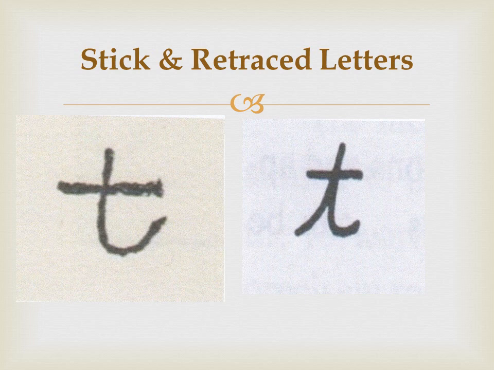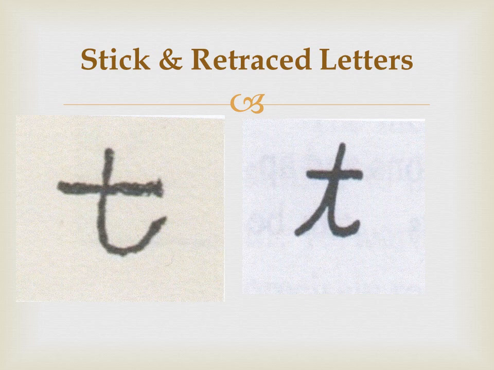The following is an illustration of the stick formation on the left and a retraced formation of the letter T on the right. In this particular case, where there is a stick or retraced formation, there is no loop to follow up the protractor to determine the measurement of the slant.